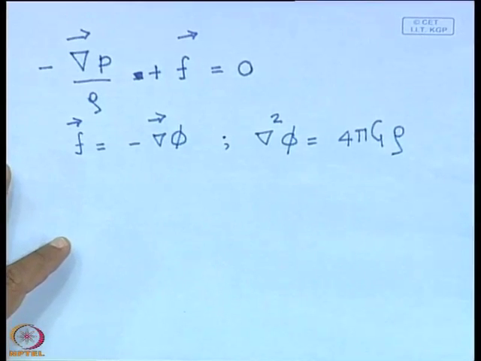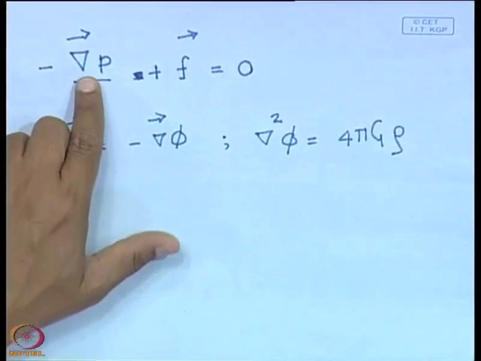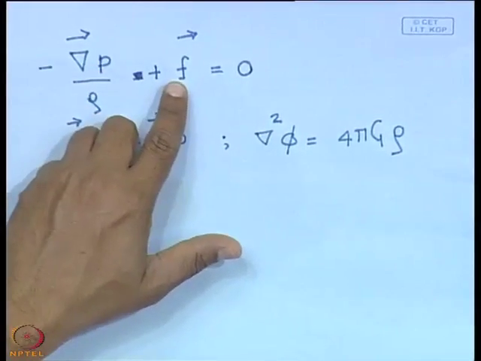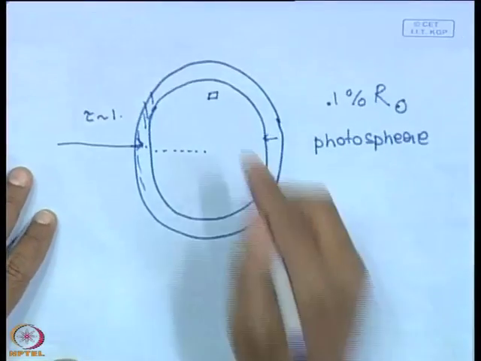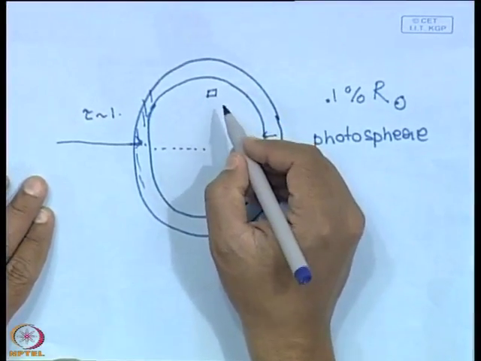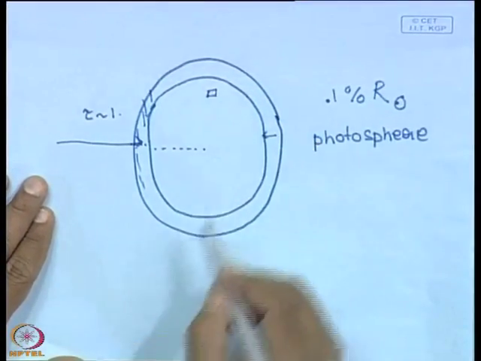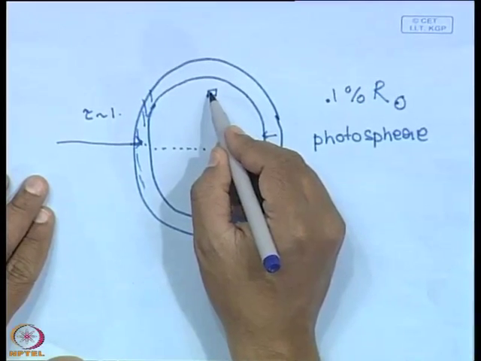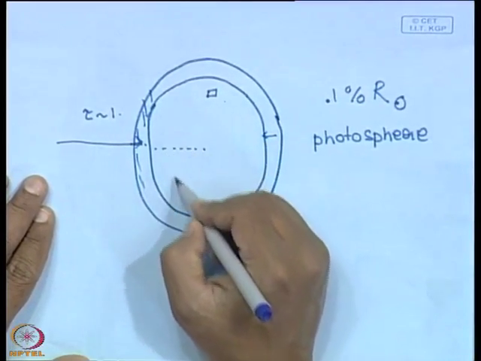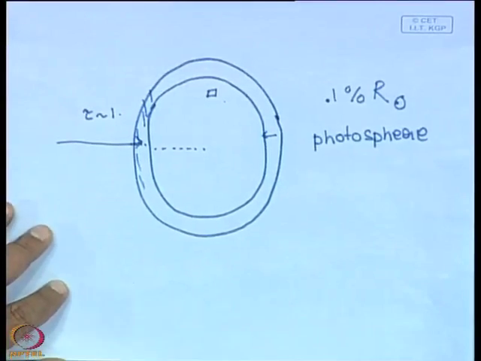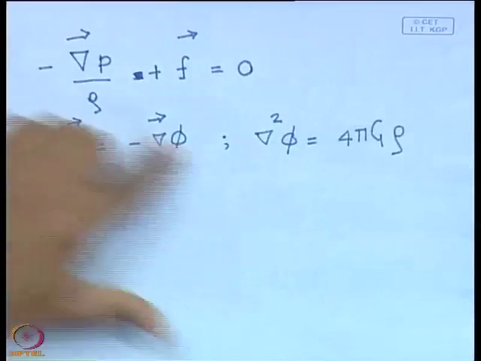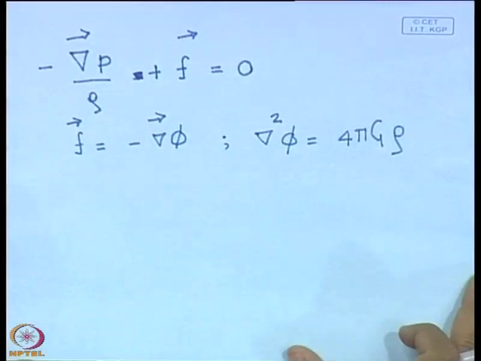So, inside the sun, the pressure gradient essentially balances the gravitational attraction of the material inside. If you consider this element of the fluid, the pressure gradient across this balances the gravitational attraction of all the material inside this sphere, which is what is there in this equation. It is a self-gravitating system.